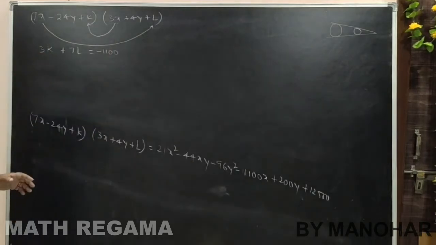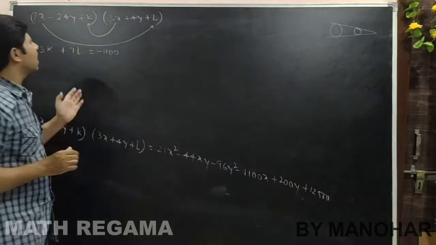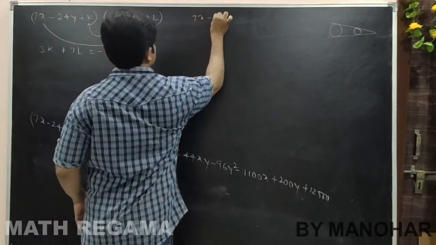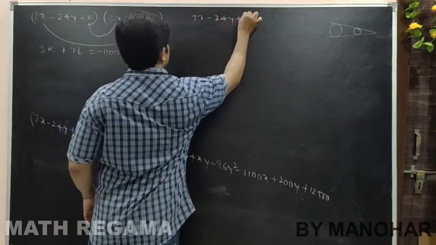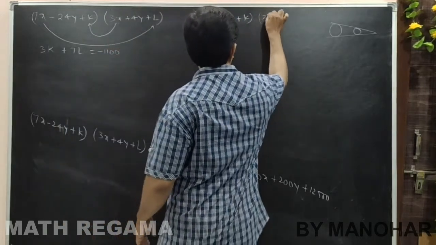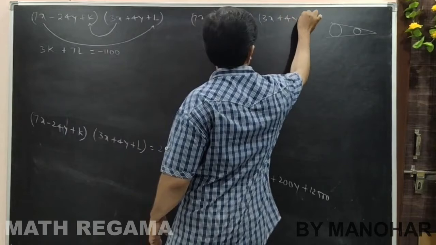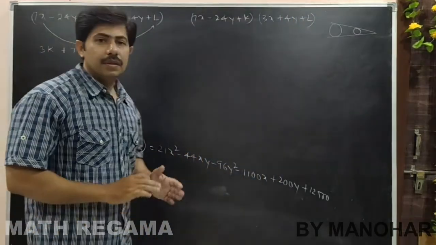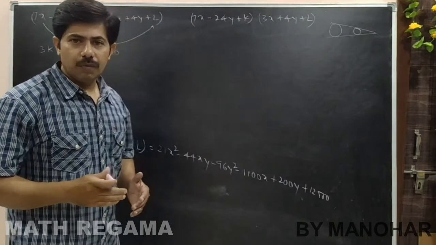Now we need the y coefficient. So again I will repeat this: 7x minus 24y plus k into 3x plus 4y plus L. Now the constants I'll multiply to the y terms.